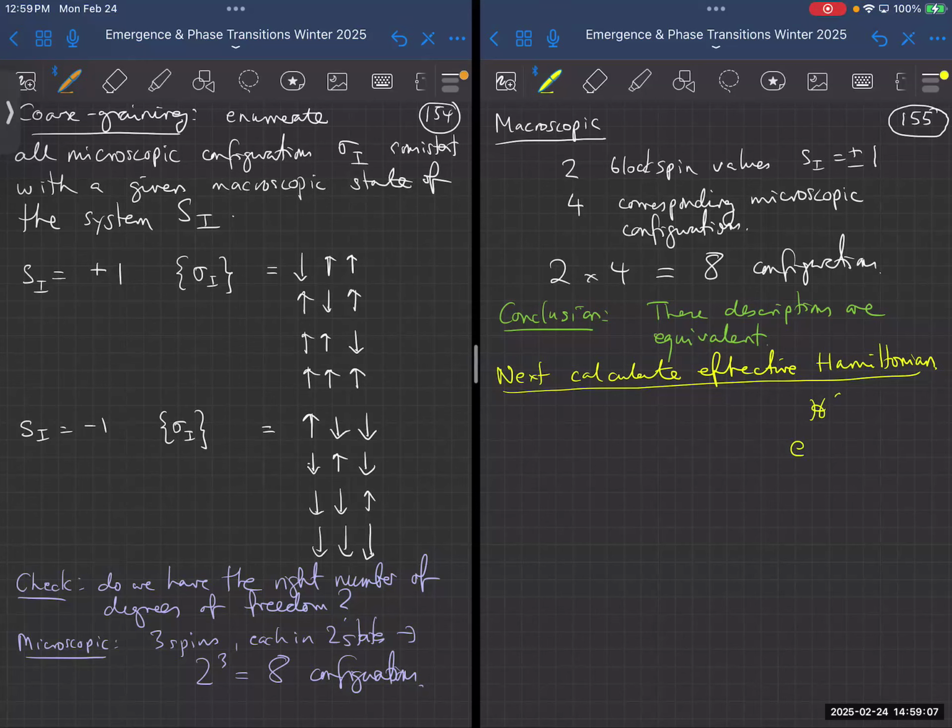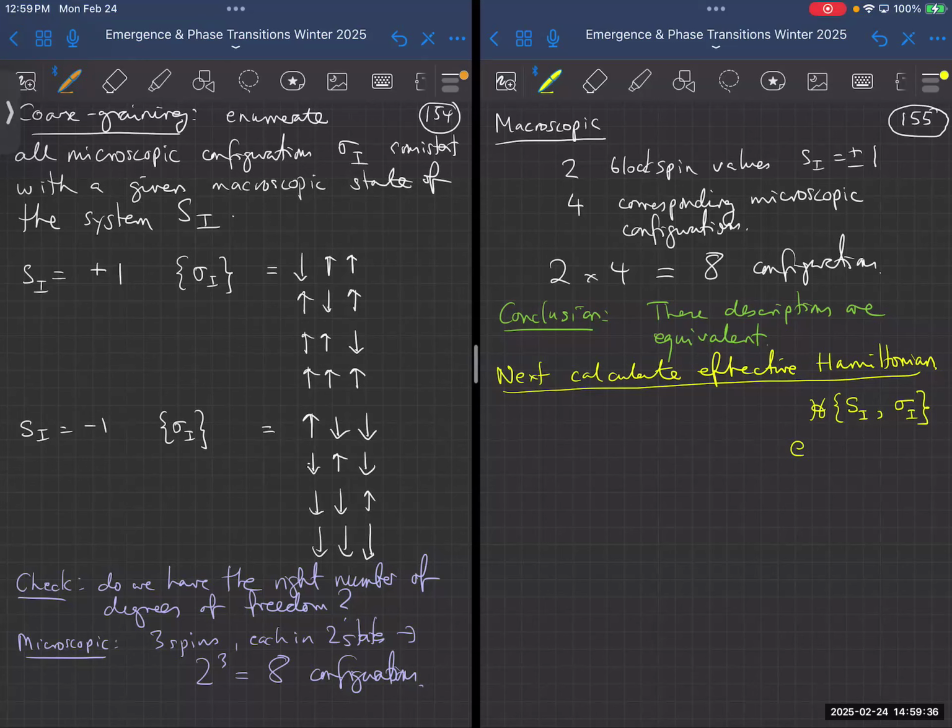But now I'm going to write every state of the original Hamiltonian in terms of the block spin variables, S I, and the microscopic variables, which I've called sigma. Okay, so those are 2 equivalent configurations. And now what I'm going to do is sum over all possible sigmas, the microscopic configurations, consistent with a given S I.